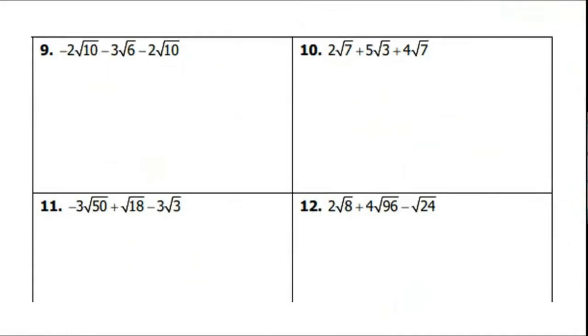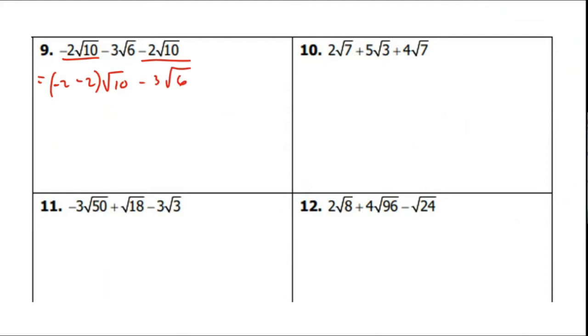How about if we have 3 radicals? So in this case, we can only combine those terms that have the same or similar radicals. So with the given, negative 2 square root of 10 minus 3 square root of 6 minus 2 square root of 10, we can only combine negative 2 square root of 10 and negative 2 square root of 10. So we can have negative 2 minus 2 square root of 10 minus 3 square root of 6.